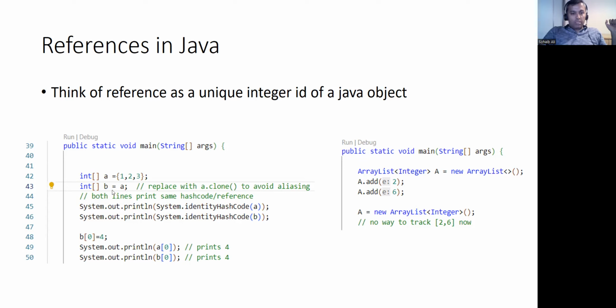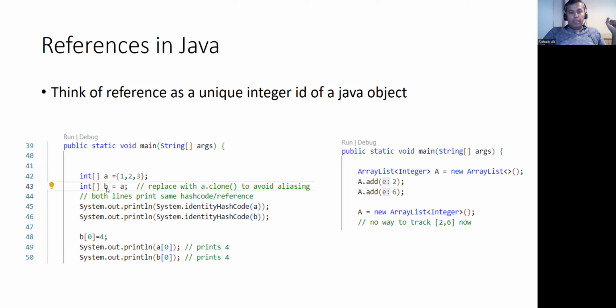Now what we have is basically these three numbers existing somewhere in heap in memory, and that memory is being referred to by both variables A and B. A and B are aliases, and both of those aliases are pointing to the same block of memory in some sense.